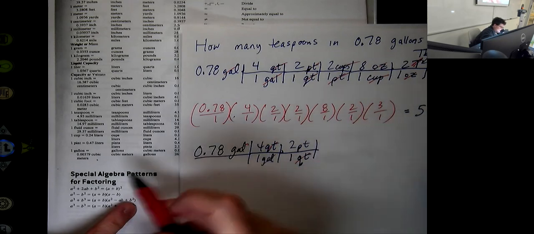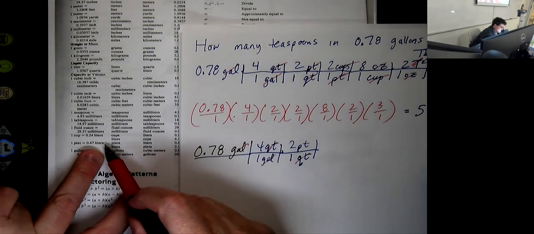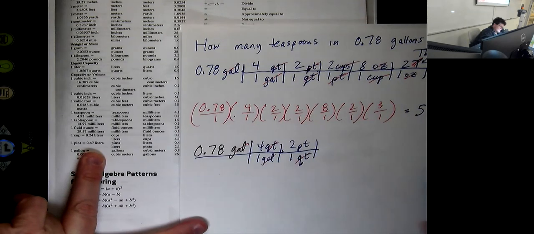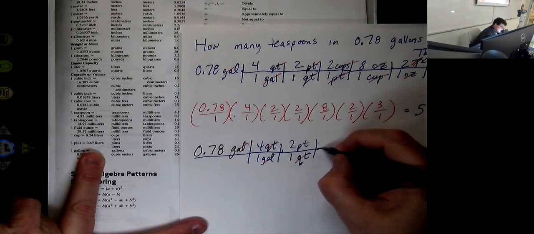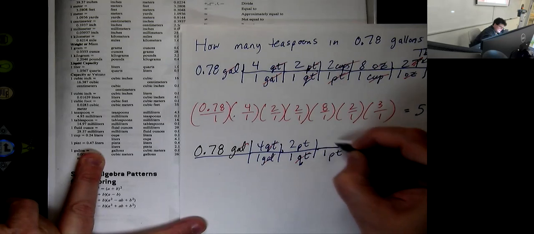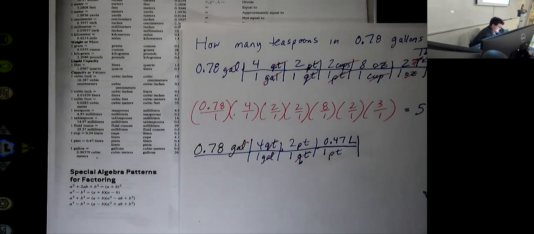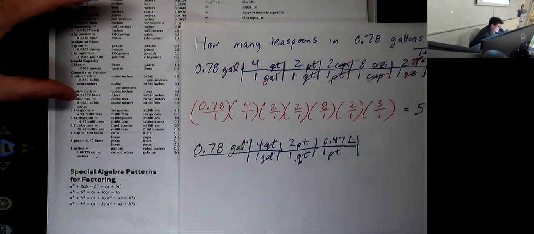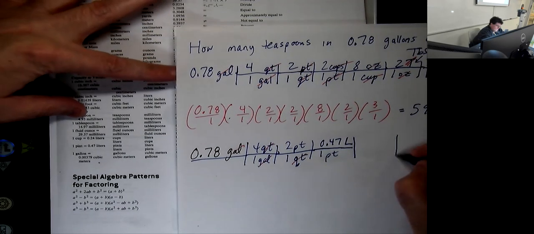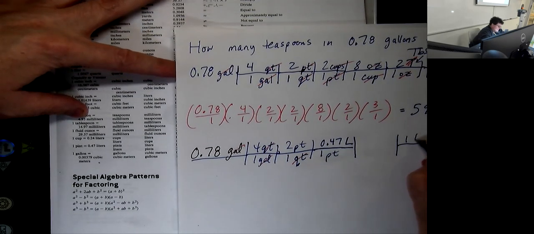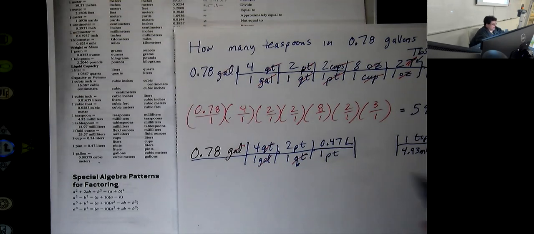pints, and a pint shows up as 0.47 liters, which is a big L. And I can see 1 teaspoon is 4.93 milliliters, which is not what I have.